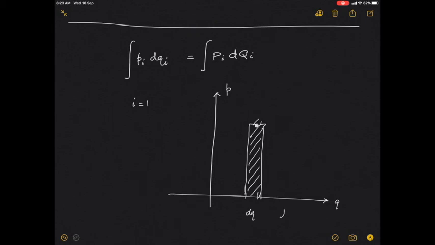So Pi dq is essentially this integral. The integral is this area. Right?